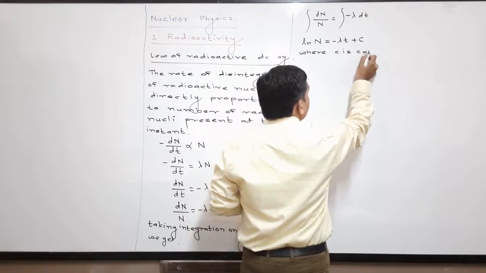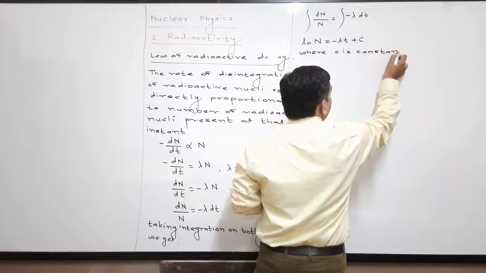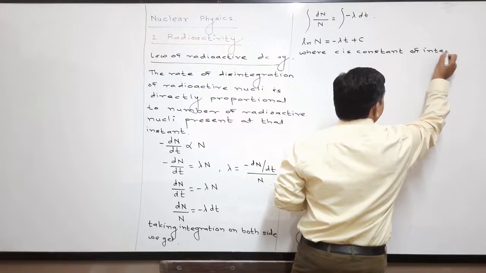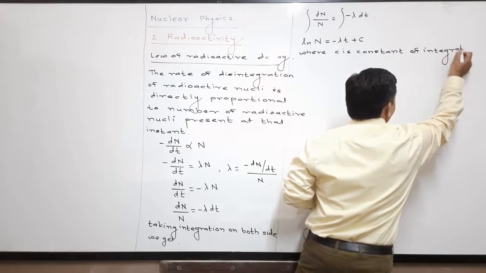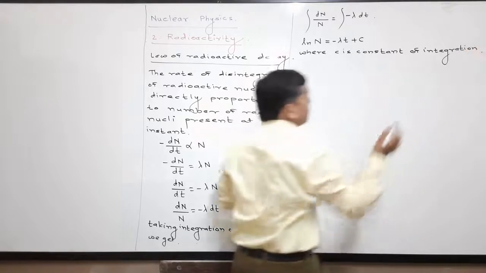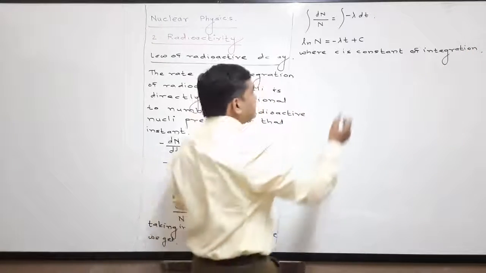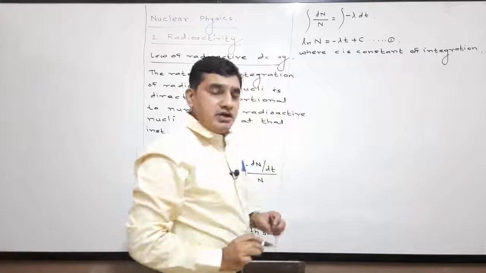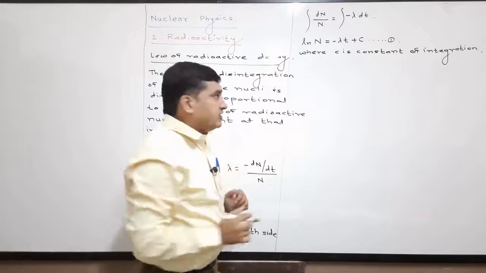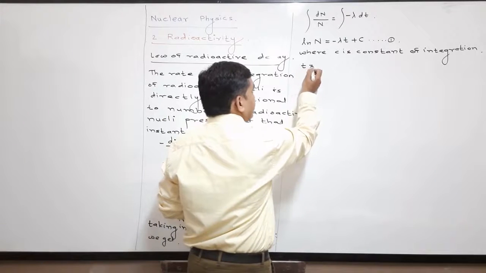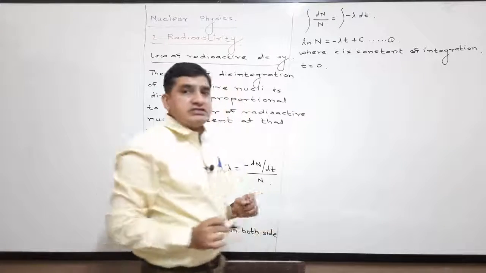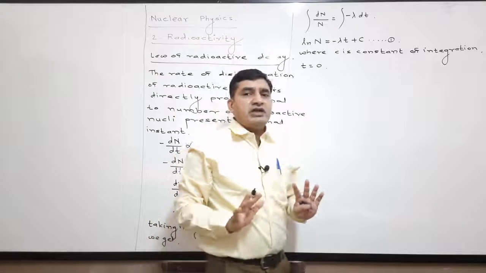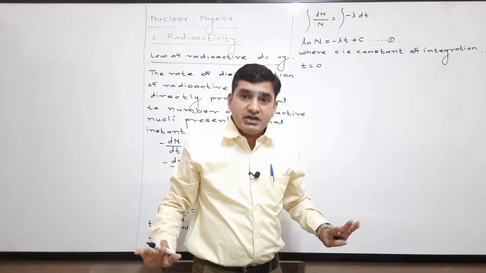where c is a constant of integration. This equation is considered as equation number 1. Now, if we consider t equals 0, that is at time t equals 0, the number of radioactive nuclei have not disintegrated.